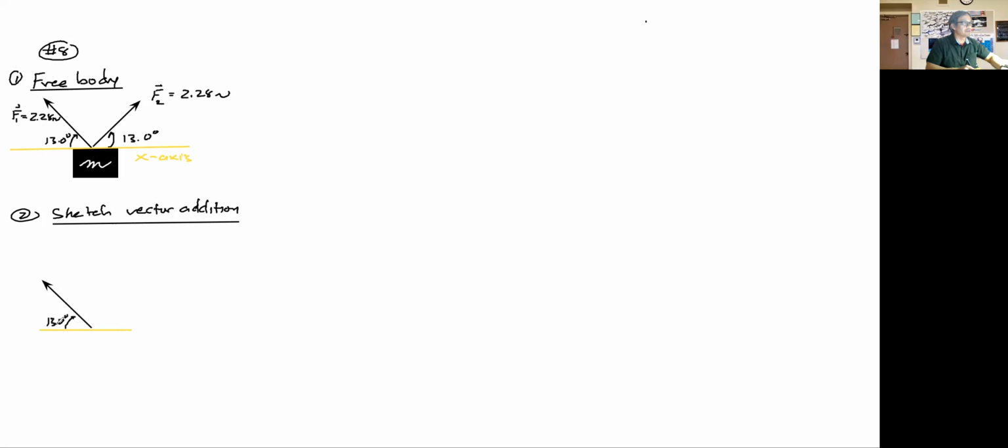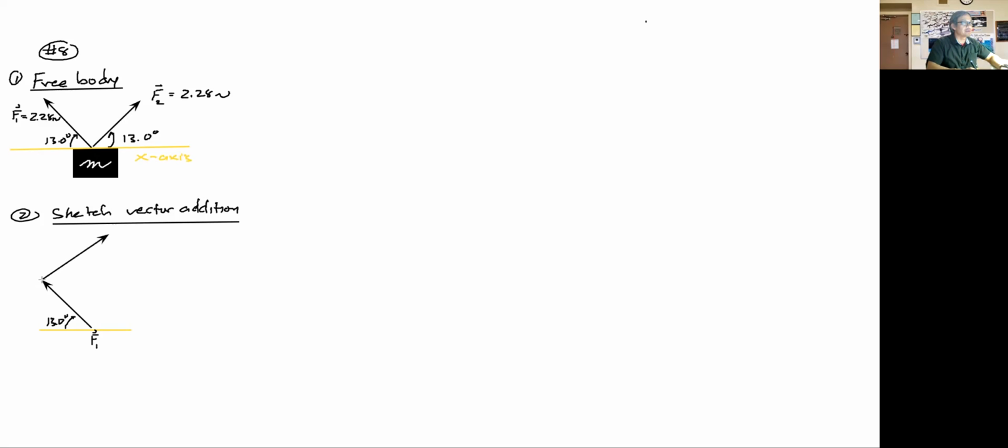So we want to draw that in. This vector here is F1. To the tip of vector 1, we're going to place the tail of vector 2, which is F2. And F2 is going to point up and towards the right, in that direction.